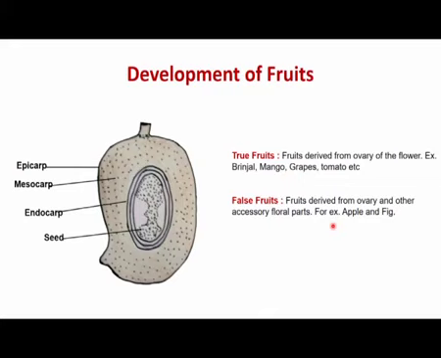So, why is there fruit formation? The fruit is formed in the angiospermic plant because it has multiple roles. One role is that it has a large protecting covering outside the seed.